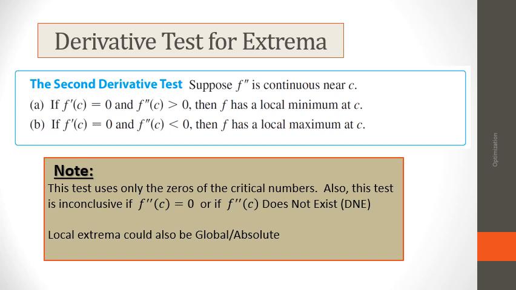What is the second derivative test? Well, if we already know that a number is a critical number, in other words, the derivative equals 0, and we know that the second derivative evaluated at that number is positive, then we know the function has a local min. Why is that? Well, if the first derivative is 0, that's a critical number, so that could be a max or min.